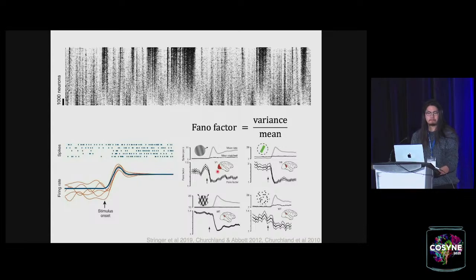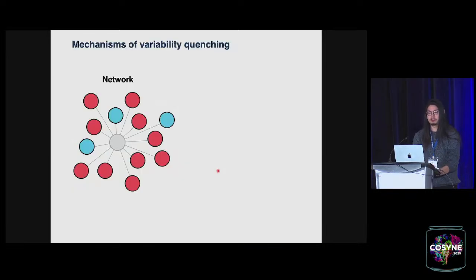So what are some mechanisms that might explain this? In really broad strokes, one possibility is that the reduction in variance might be inherited by the neuron from its network. We can imagine that the onset of a stimulus drives more similar patterns of network activity across trials, which reduces the neuron's response variability. Indeed, there's been a lot of computational work suggesting plausible network models that result in this phenomenon.